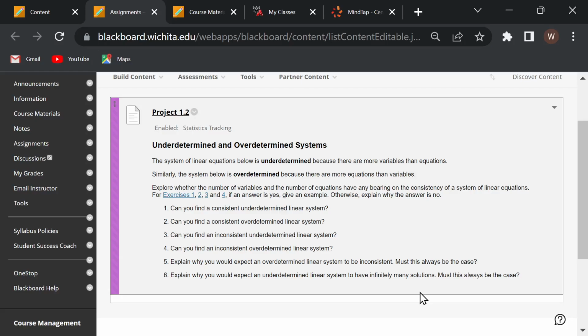If you don't have enough equations, if there are more variables than there are equations, if you wrote it as a matrix, the maximum you could have is the number of equations as pivots, right? If you have too many variables, then you don't have enough rows for all your columns. Some of those columns are going to be free, right? You would expect infinitely many solutions or none.